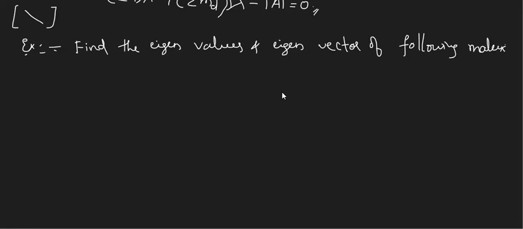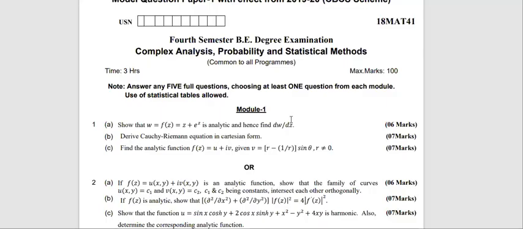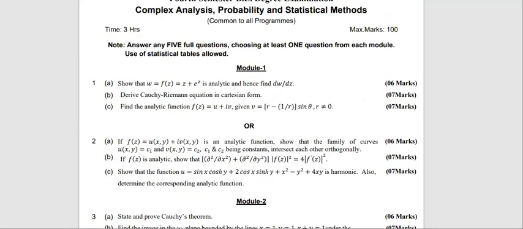Anybody? Tell me any matrix of order 2 in the given model question paper. Okay, if not able, I'll just do it. Here it is, it is for 4 1. I think I will find for 4.